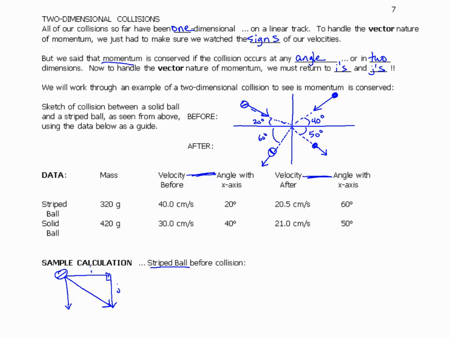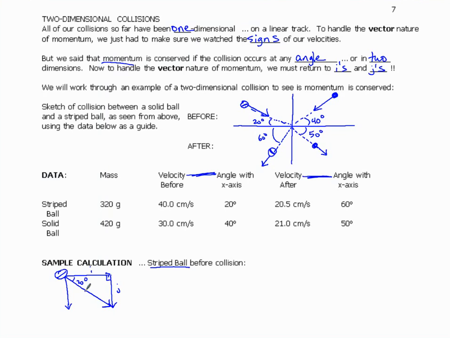So when we look at this, we have this one as 20 degrees. This was 20. We want to know, do we know any of these sides? So do we know the original here? We're talking about momentum. We're not talking about velocity necessarily. So this is not 40.